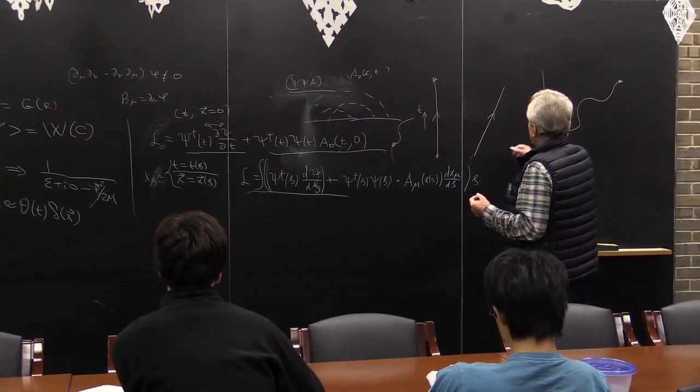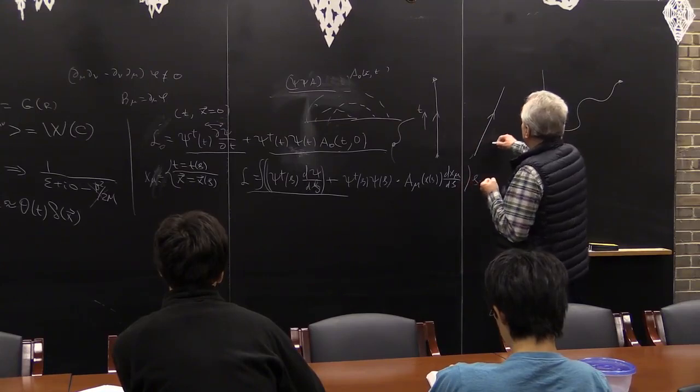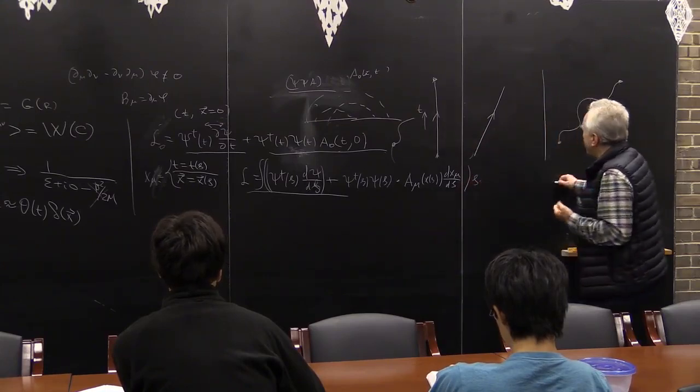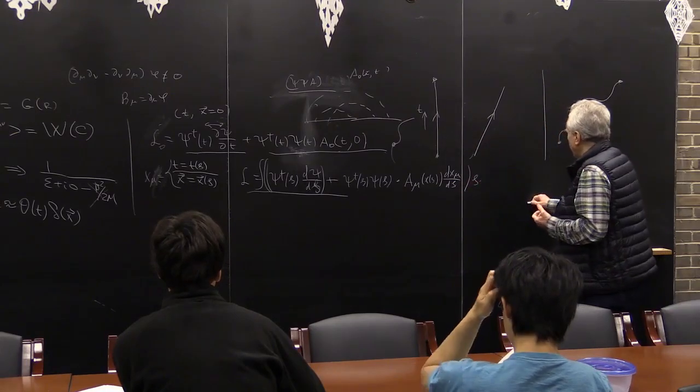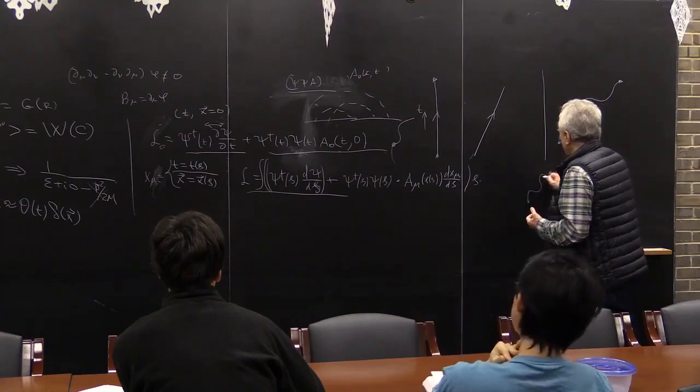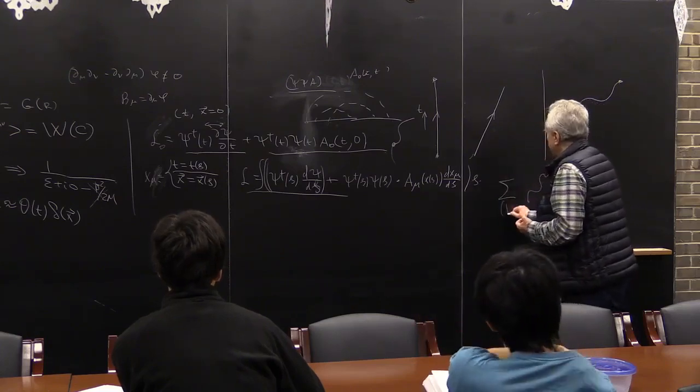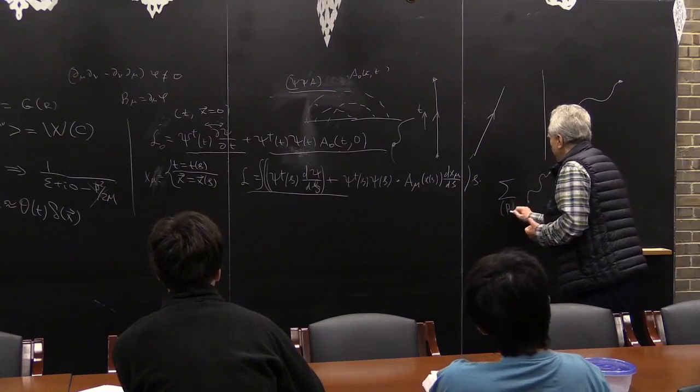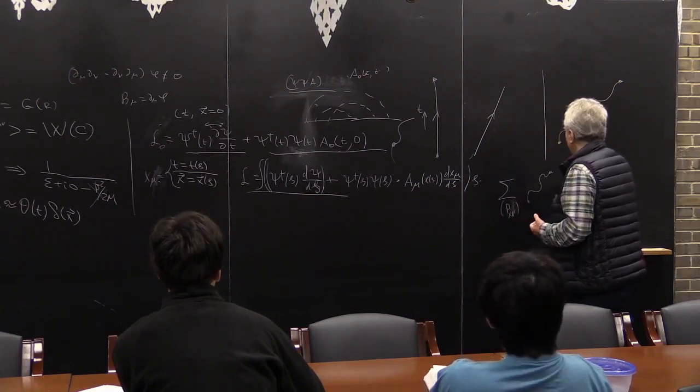And that's the way you have in quantum mechanics, the Feynman propagator is the sum over paths connecting two points.